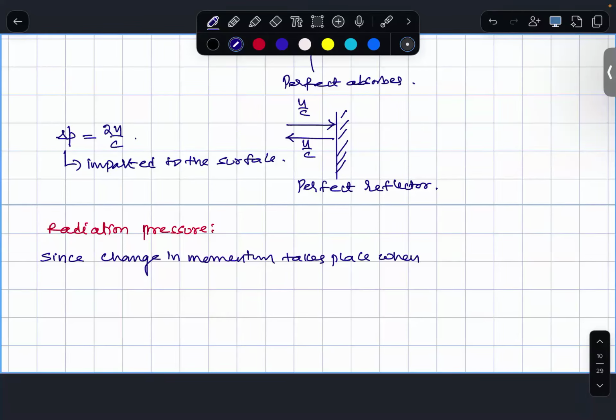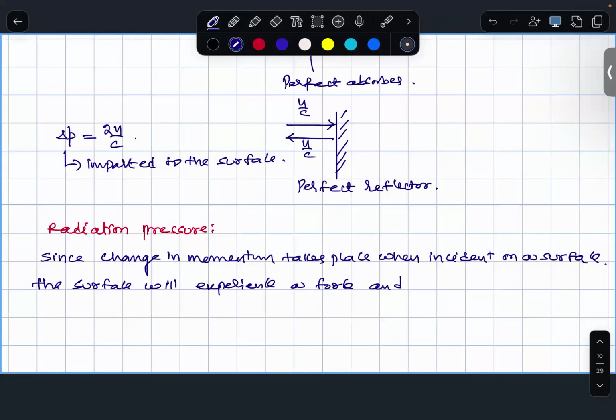when incident on a surface, the surface will experience a force and hence pressure, and this pressure is called radiation pressure.